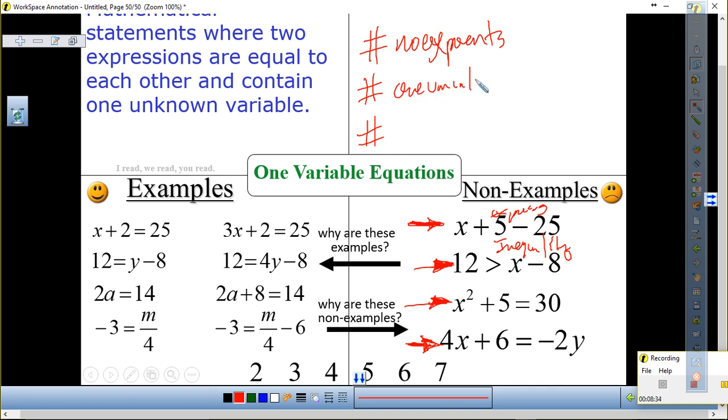Bam. And the last one, hashtag what, Jesse? What is it? Oh, equations. Okay, my bad. Equations. All right, and you make up your own, right?